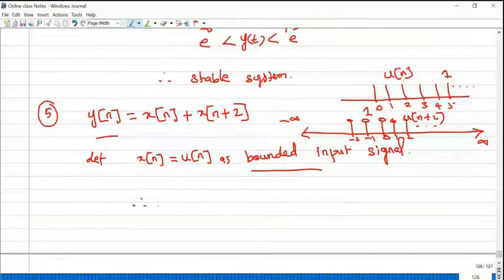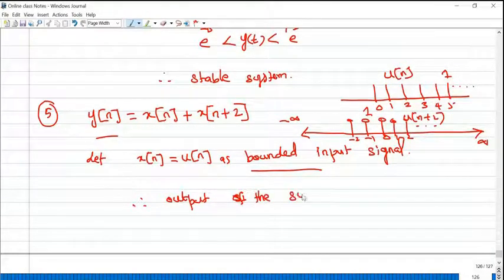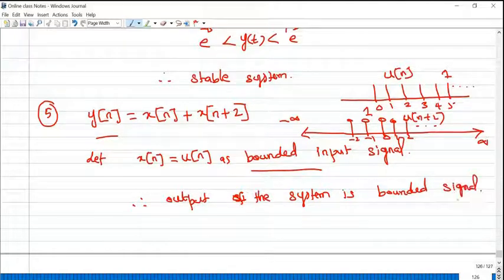Therefore, the output of the system is bounded. Therefore, the system is stable system.